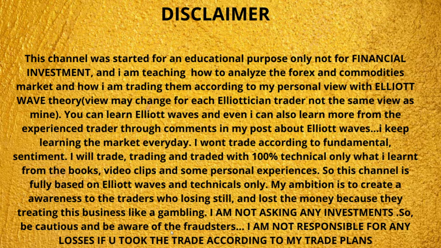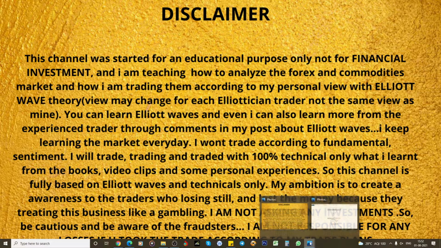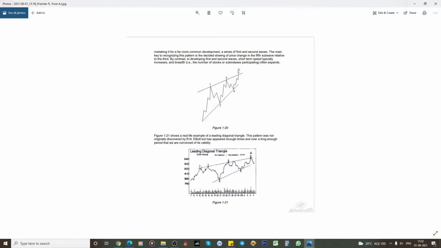In the first video, the A, I referred to one book for the leading diagonal, and I need to share it here also. See here, this is what I had already informed. This is the leading diagonal: 1, 2, 3, 4, 5, with 3-5-3-5-3-5 structure, which Elliott defines as a leading diagonal of A or 1.